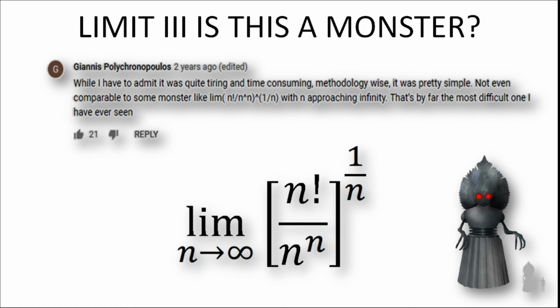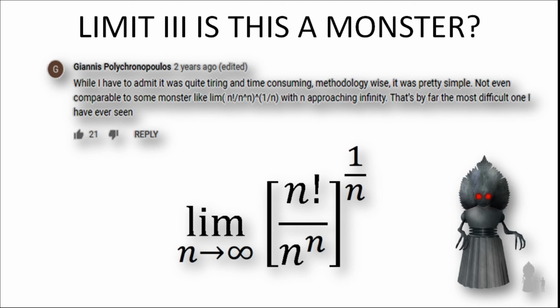Commented that while I have to admit it was quite a daring and time consuming methodology wise, it was pretty simple. That the quadratic limit, if you remember, was pretty simple, not even comparable to some monster like limit n factorial by n caret 1 by n. That means n factorial by n power n whole power 1 by n, with n approaching infinity.